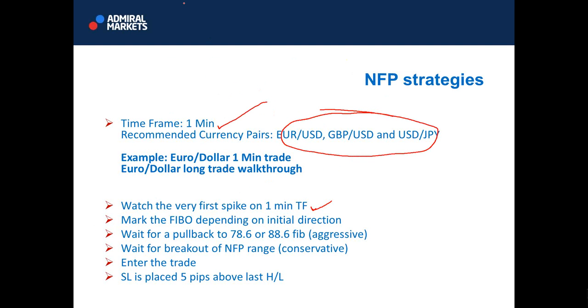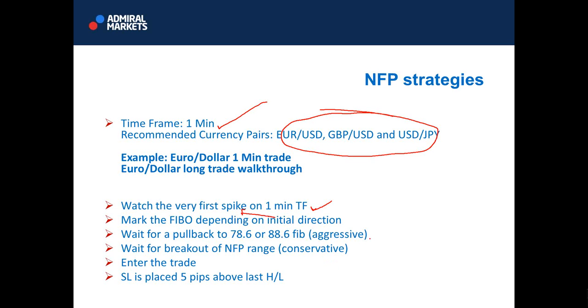Okay, mark the Fibo retracement depending on the initial direction. And I state it again, mark the Fibo retracement depending on the initial direction of that spike, okay? Now, we should wait for a pullback to either 78.6 or 88.6.